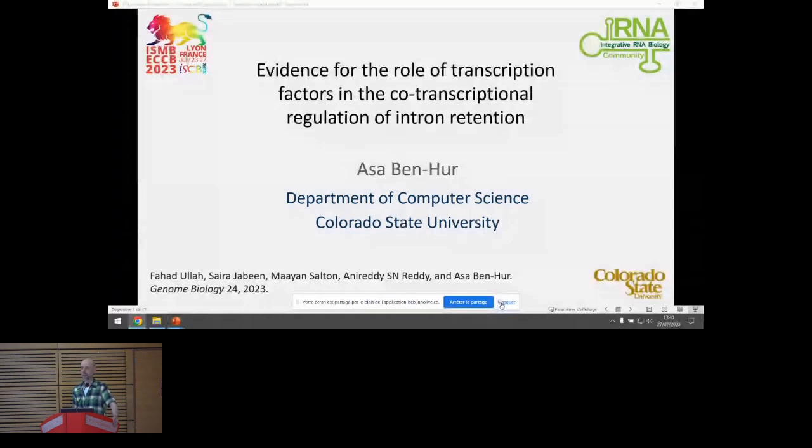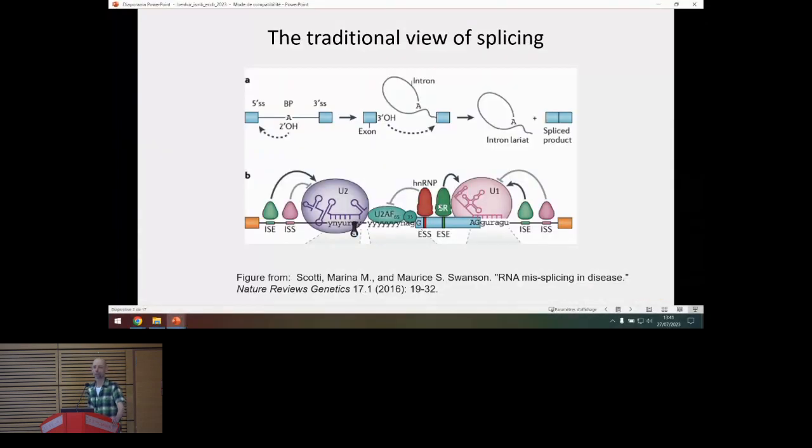This is actually a slide that you probably saw yesterday in Julian's talk, and it describes the traditional view of splicing, where we have these intronic and exonic splicing enhancers and suppressors that help regulate splicing.